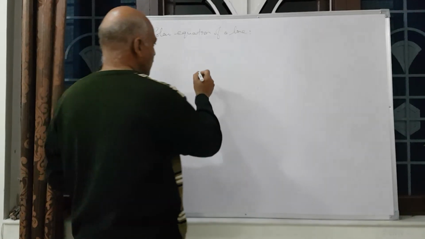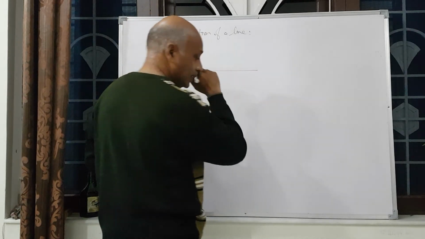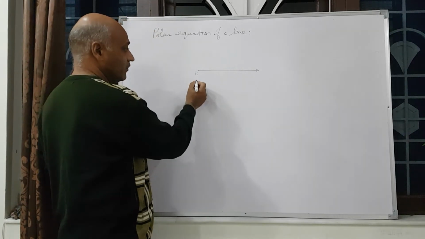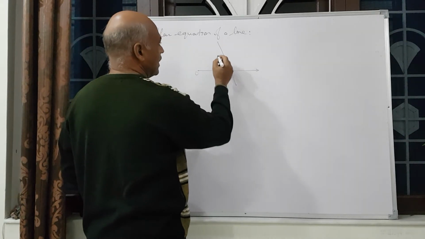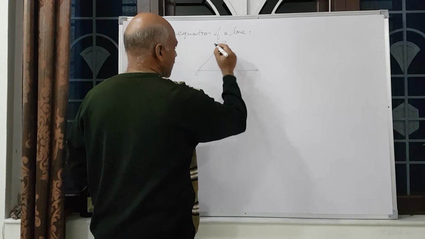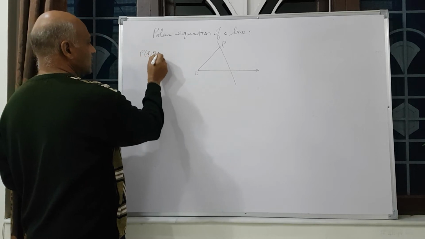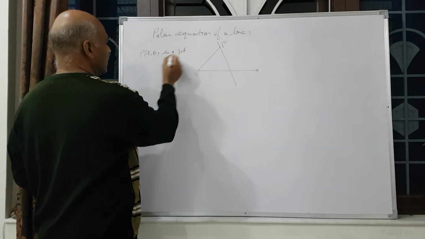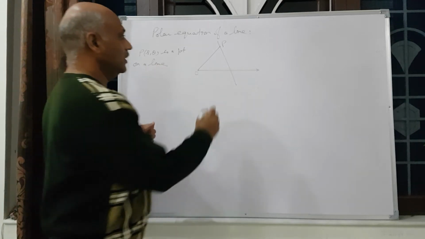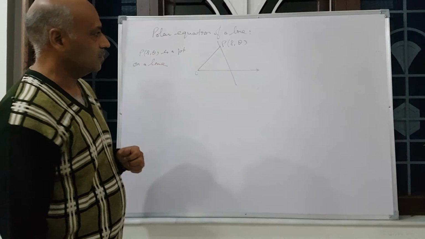Now here in the coordinate axis, how do we find the equation of a line? This is the initial line, O is a fixed point and this is a line. And now P is a point. Suppose P(r, theta) is a point on the line. P is a point on the line, then the coordinate of P is r, theta.